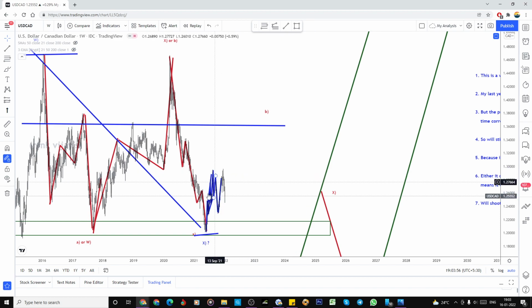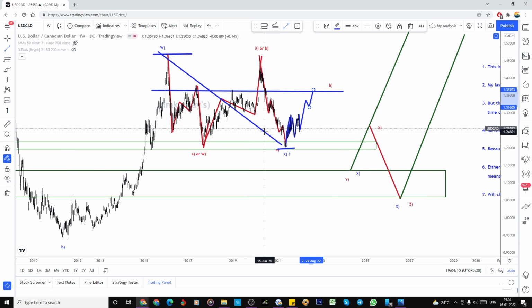Now this is the A and B. C contains a five-wave structure. So this is wave 1, wave 2, wave 3, wave 4 and wave 5. If this is looking like an ABC, and if it is an ending diagonal triangle pattern, this could be considered as a 1.